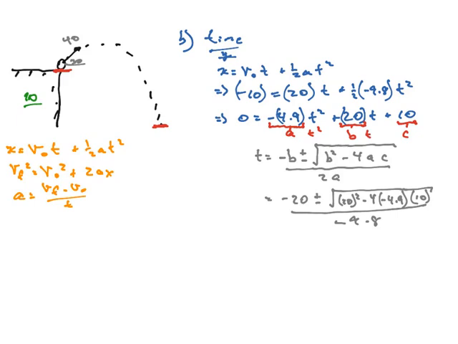All right, still kind of messy, so let's try to simplify. Negative 20 plus or minus the square root. 20 squared, that's 400. The rest of this, I've got 4 times 4.9 times 10, which is 196. And then is it positive or negative? Well, it's minus times minus, which is positive. And then all of that is divided by 9.8.